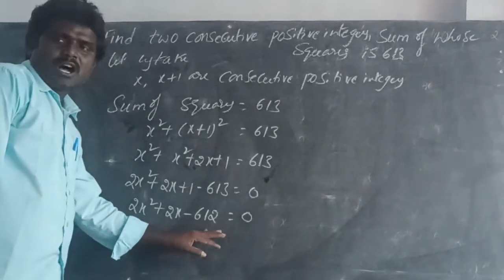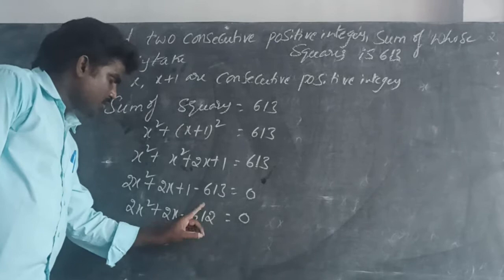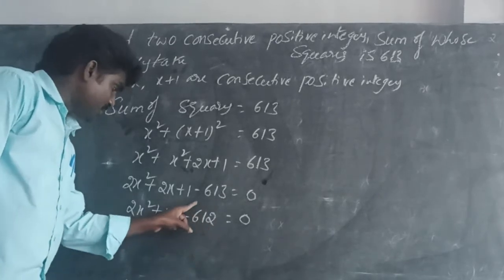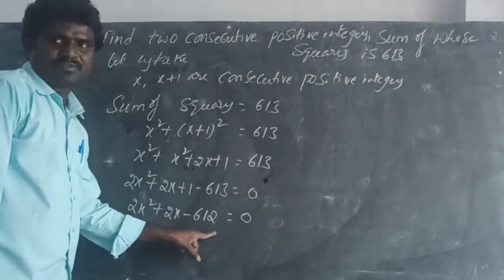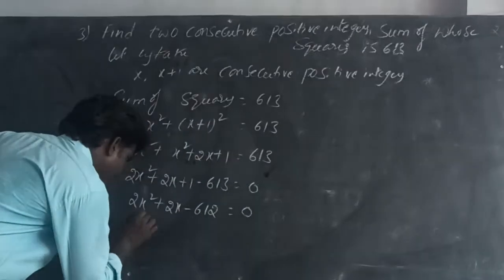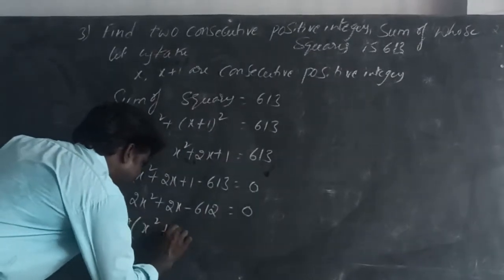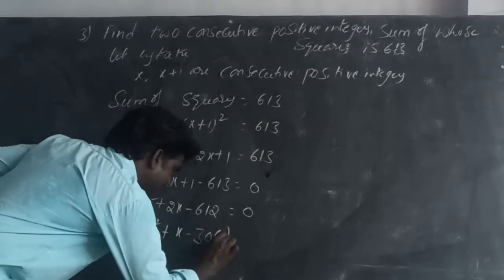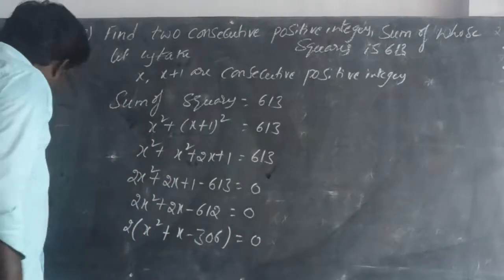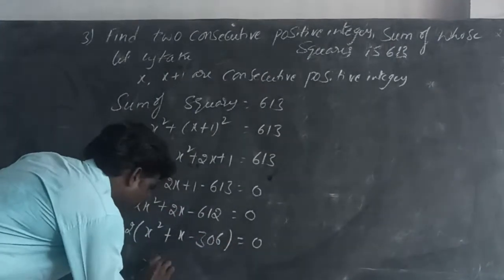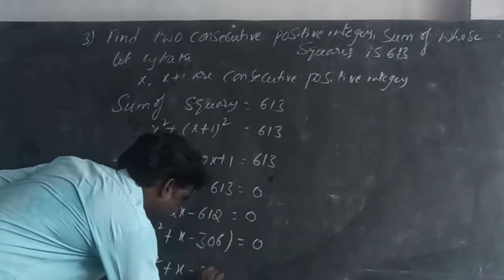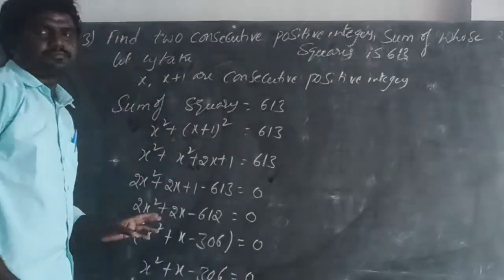How can we write 612? The last digit is 2, which means this number is a multiple of 2. So 2 into 306. So 2 of (x square plus x minus 306) is equal to 0. Dividing by this common multiple 2, we get x square plus x minus 306 is equal to 0.